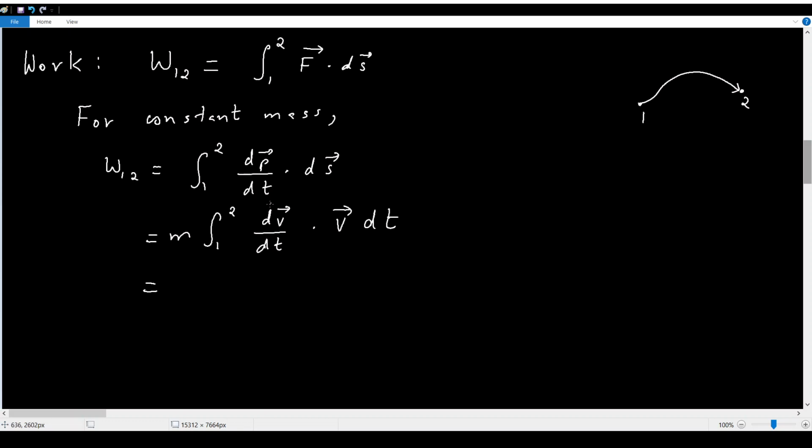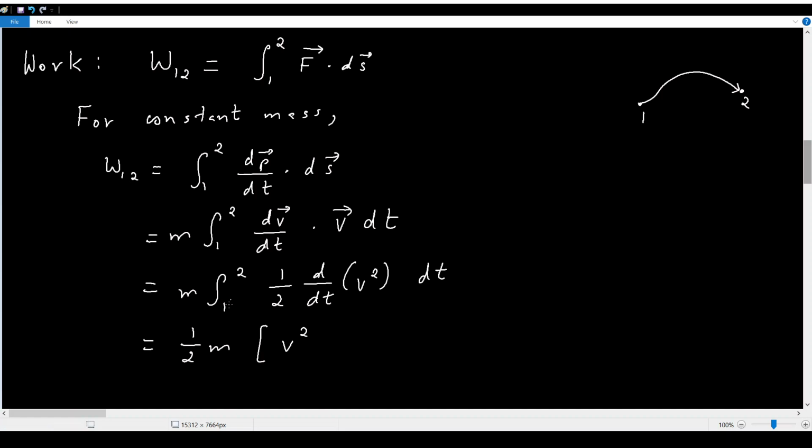So what this essentially gives me is I can rewrite this dv/dt dot v as half d/dt of v squared. So this is very simple vector algebra. You get the half outside with m, and of course the integral of the differential just gives you the same value: v squared at position 2 minus v squared at position 1.